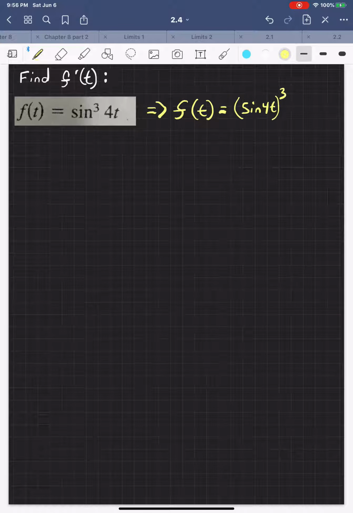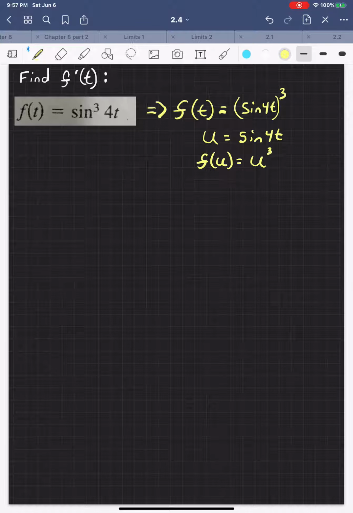So we start off with, let's label u. In this case, we would have u is sine of 4t, and then f of u would be u to the power of 3. Then I need f prime, and then I need u prime.